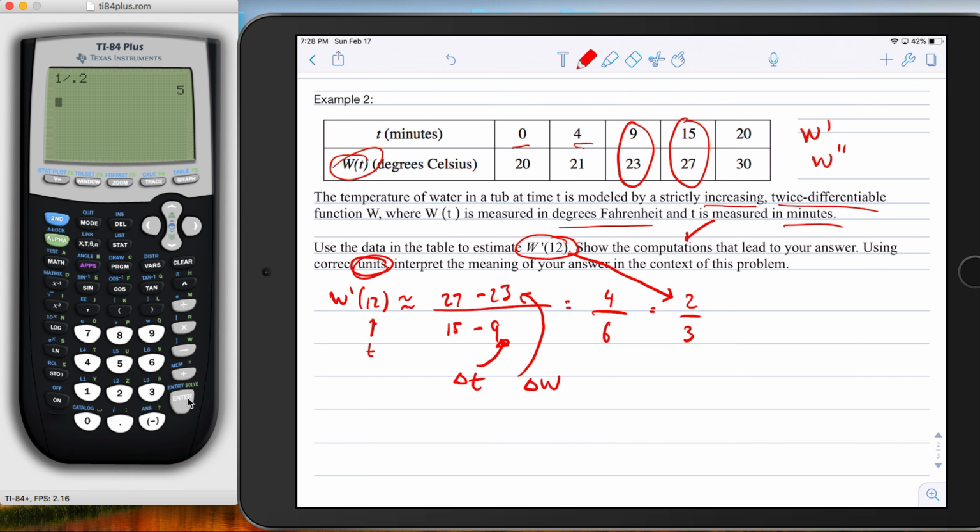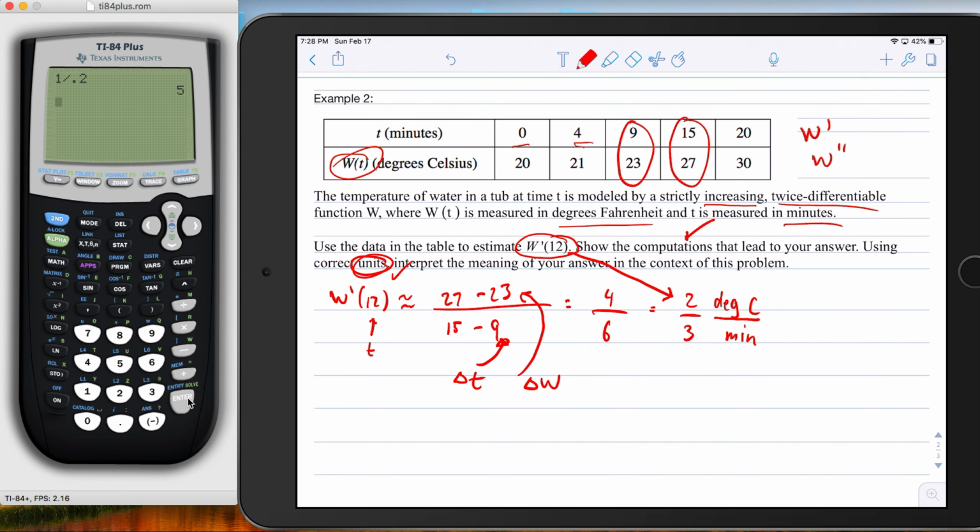So if we think about it that way, the units would be degrees Celsius over minutes. And so that's the units.